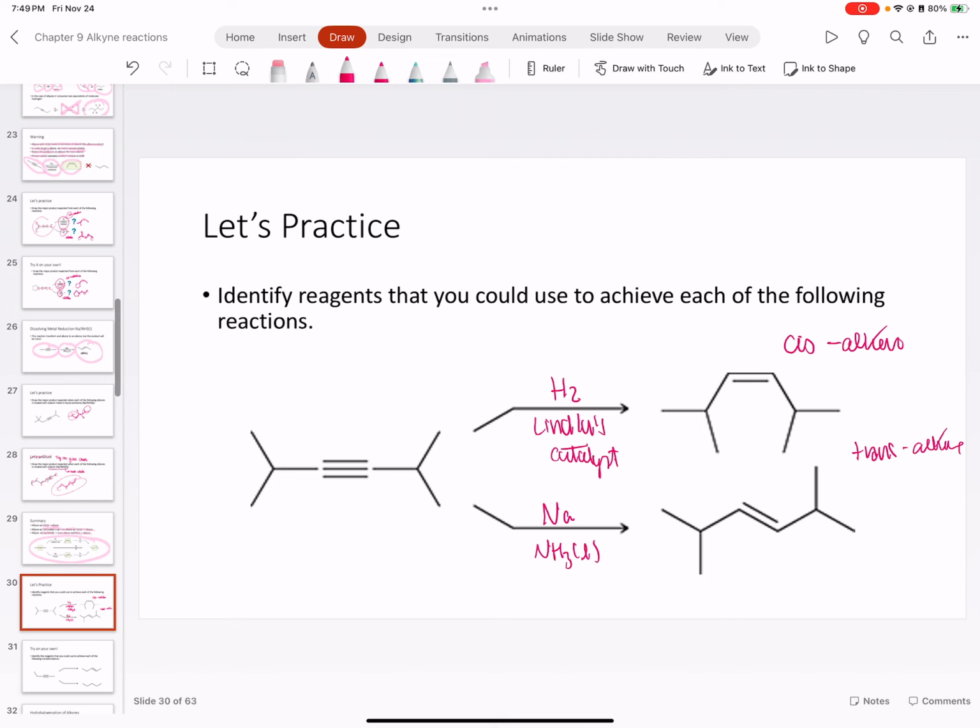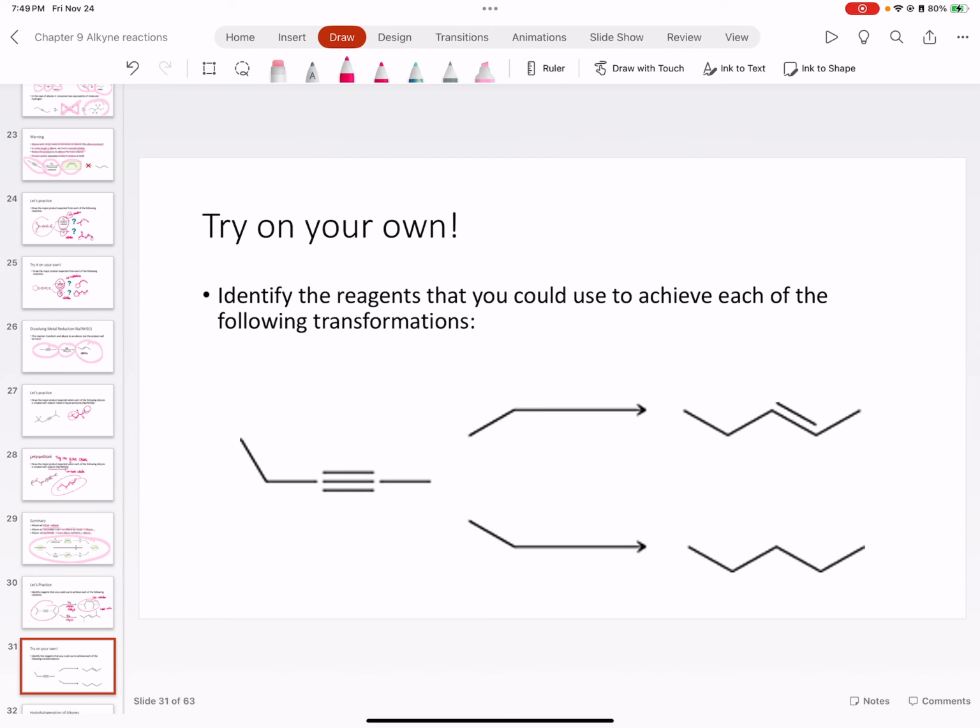So you can think about it this way: look at your starting material and look at your final material, and ask how did I go from here to here? Okay, so try it on your own. Identify the reagents that you can use to achieve each of the following transformations.